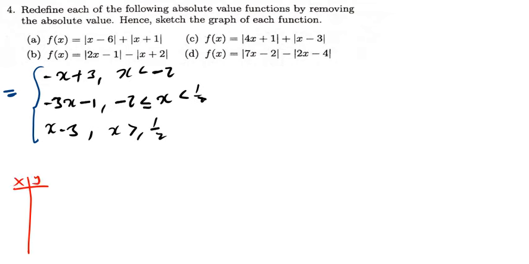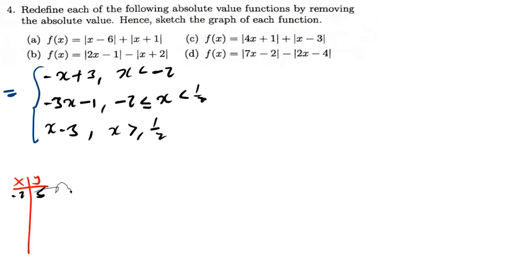So if x is negative 2, at that point it's going to be included. Even if you don't show that it's included, it's okay. You just put the lines. If I put negative 2 here, it's going to be positive 2. Positive 2 plus 3 is 5.